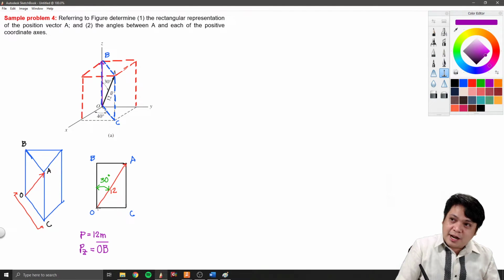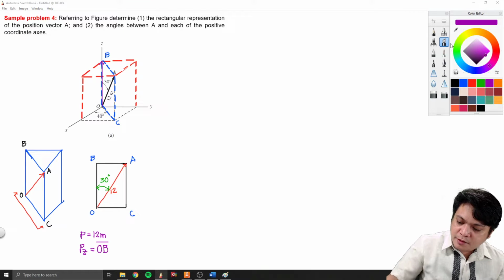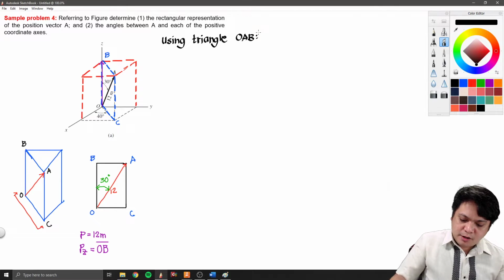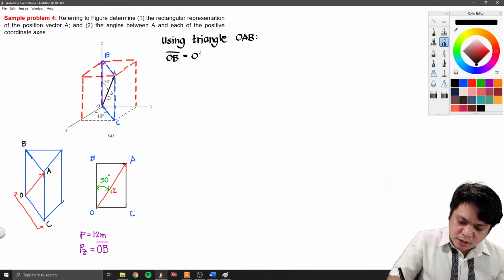Using triangle OAB, we can now say that the segment OB is equal to OA cosine of 30 degrees.